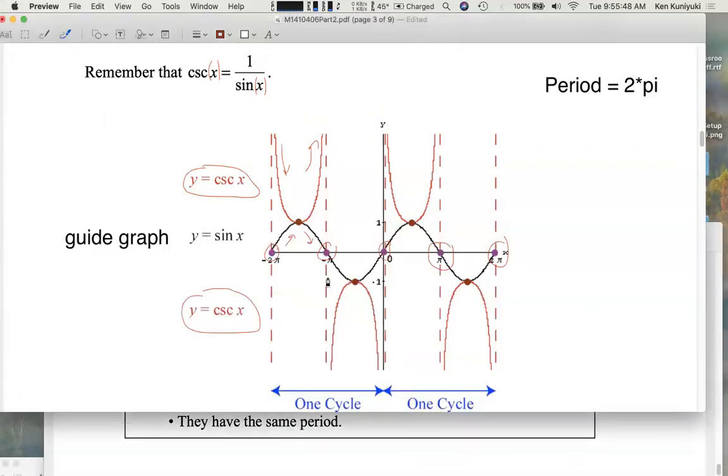And since sine is never undefined for real values of x, cosecant is never 0. Notice that this graph for y equals cosecant of x does not have any x-intercepts. Cosecant of x is never 0. That's good to know. Cosecant of x and secant of x, by the way, are never 0. 0 is never in the range of these guys, the basic trig functions.